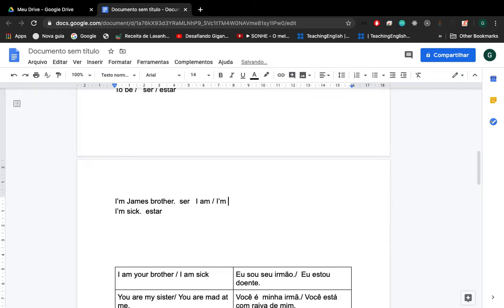Okay, and how am I going to conjugate it in the first person? Or in other words, with the pronoun I. So if I say I'm James' brother, it means eu, right? Because I is eu in Portuguese.